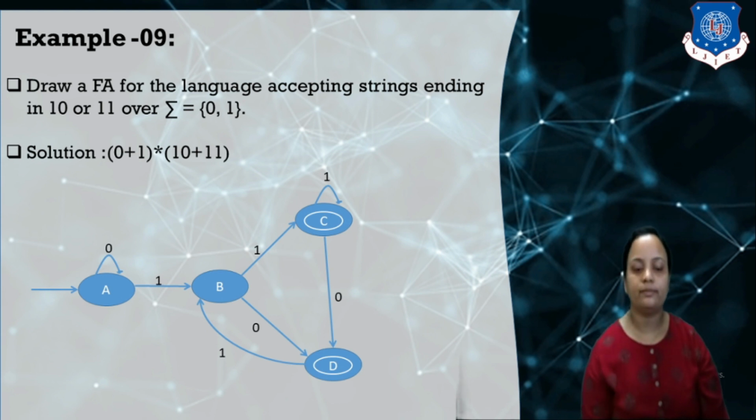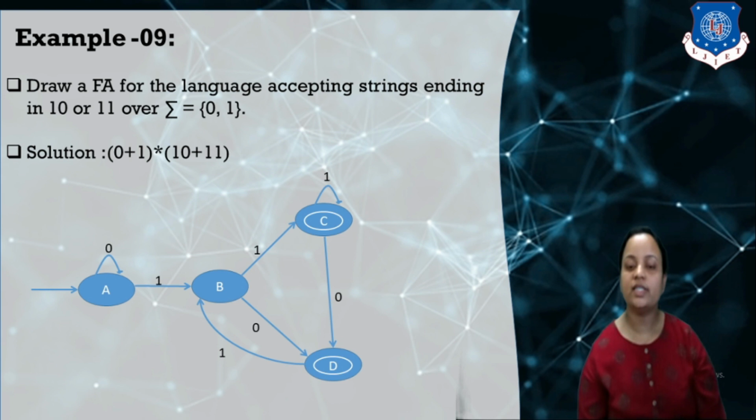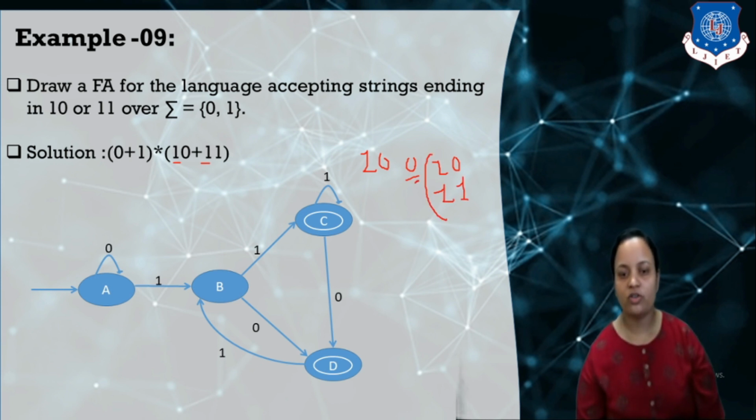Now the remaining input is 0. If we consider this 10, where do we put the 0? The first symbol is 1, so we have to take either 10 or 11. Which state do we move this 0 transition to?